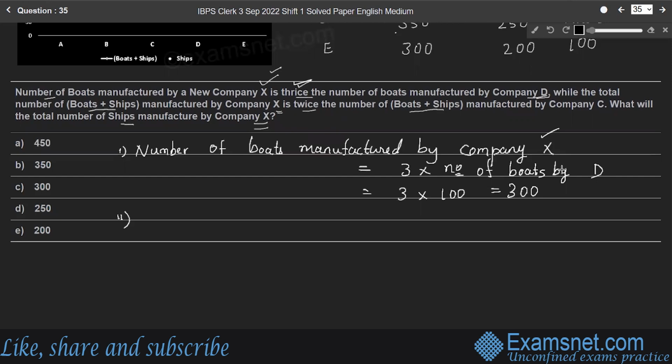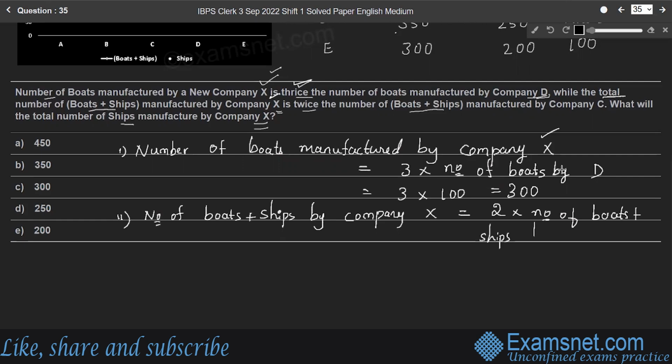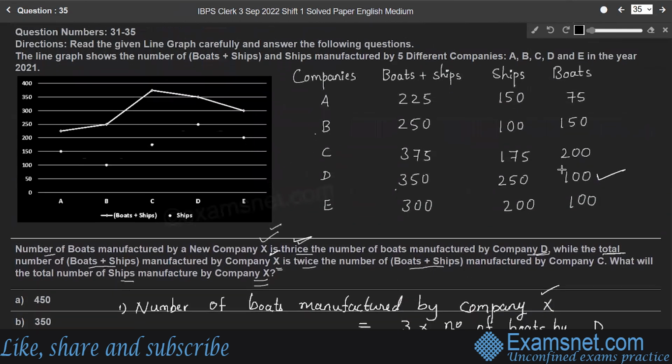In the second part of the question, it is given that total number of boats plus ships manufactured by X is twice the number of boats plus ships by company C. Therefore, number of boats plus ships by company X is equal to 2 times number of boats plus ships by company C. What is the number of boats plus ships by company C?